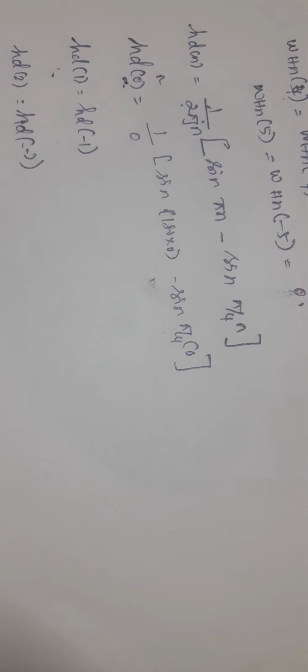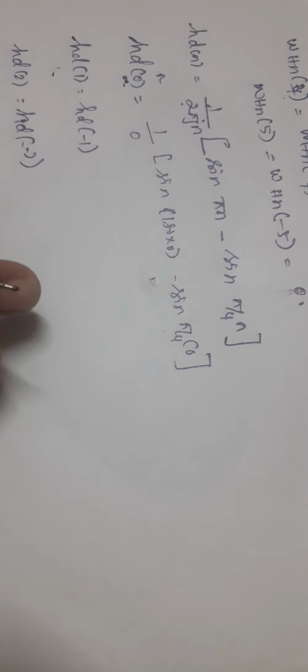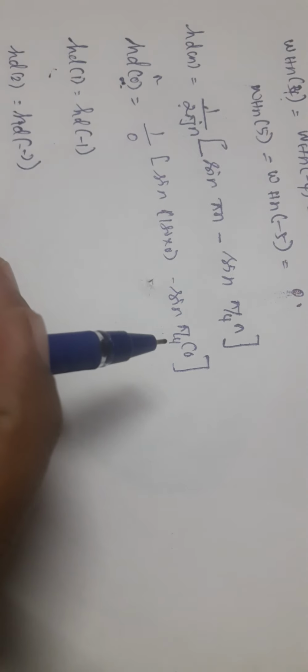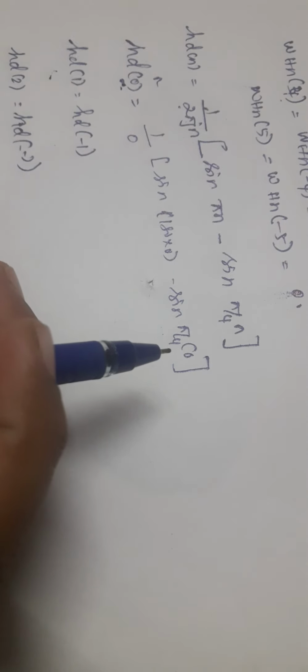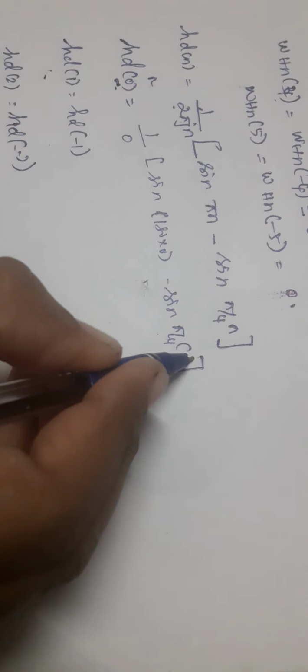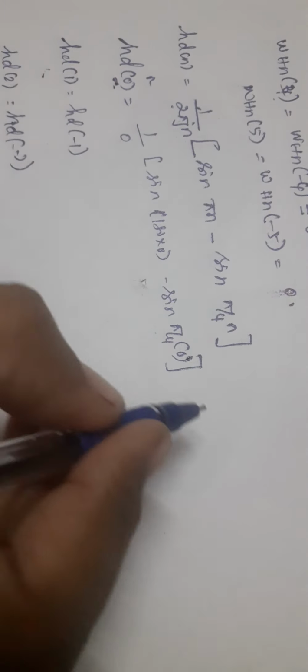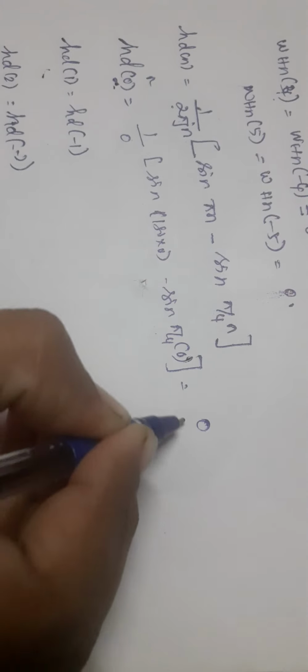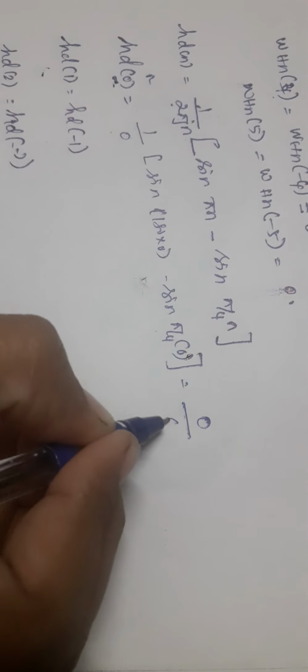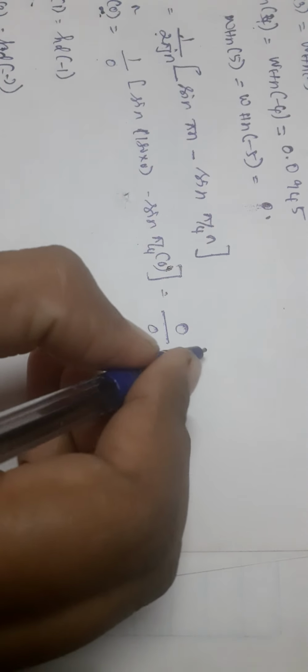If you substitute here, it is sine of 0, the value is 0, divided by 0. 0 by 0 we cannot calculate directly, so we go for L'Hopital's rule.